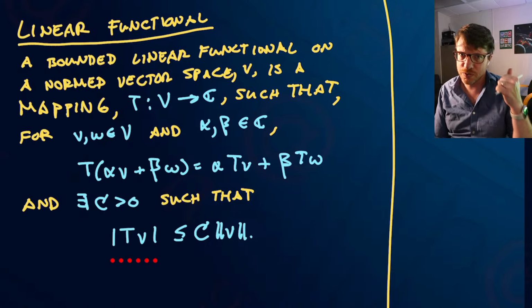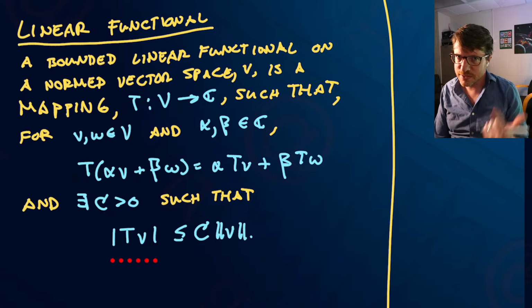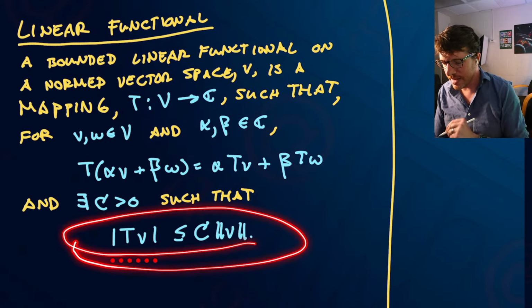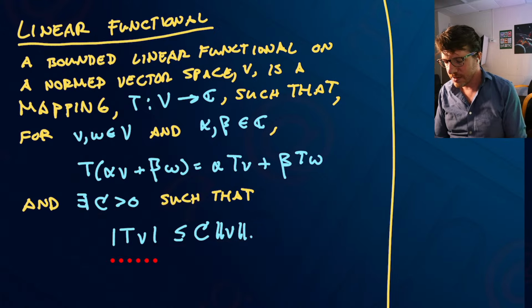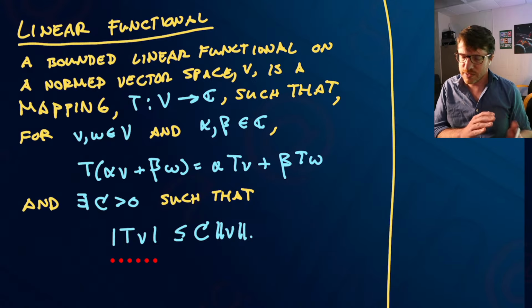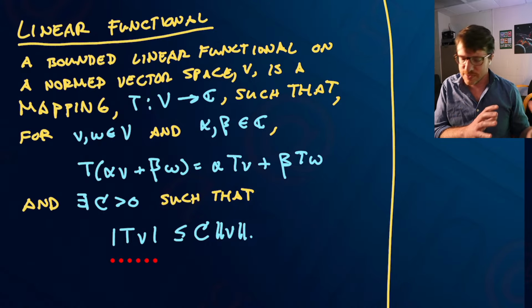This is what we use in, say, distribution theory, and when you talk about dual spaces, etc. It turns out they have this property too: the absolute value, because this is a real or complex number, the magnitude of TV is less than or equal to some constant times the norm of V. So as V goes to 0, this is going to go to 0 too. They are sort of commensurate in a sense.